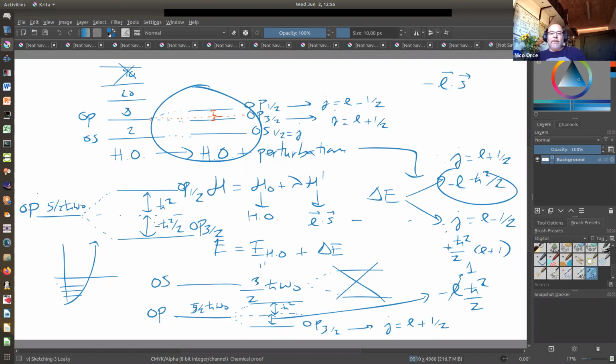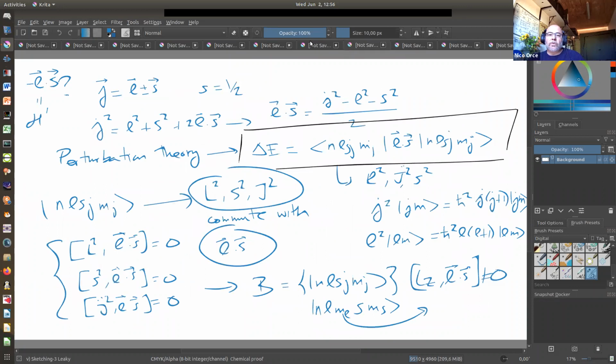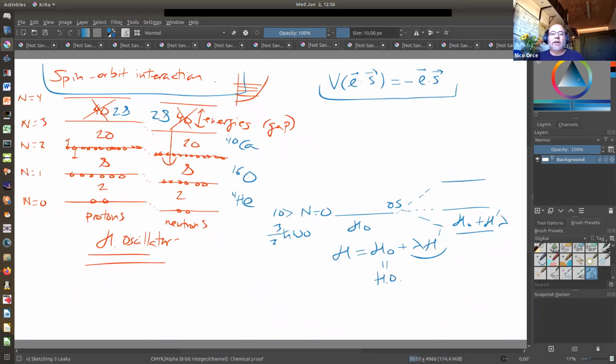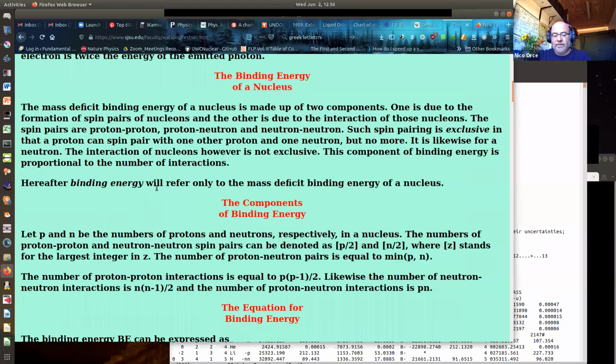And this is what we have calculated, in a way that, if we go back to the original slide, suddenly we have split the levels.